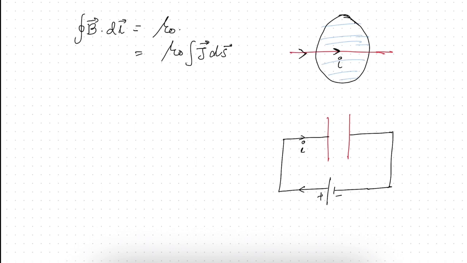As this plate is connected to the positive terminal, it will be positively charged, and the charge will increase on it with time. Similarly, this one will be negatively charged. So with time there will be a change in the amount of charge on both plates.